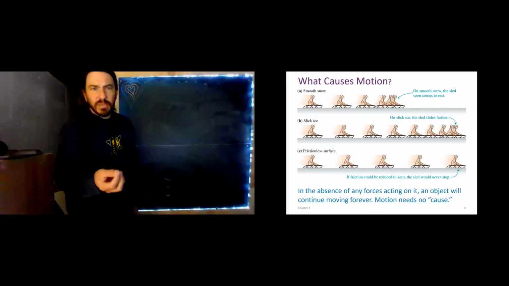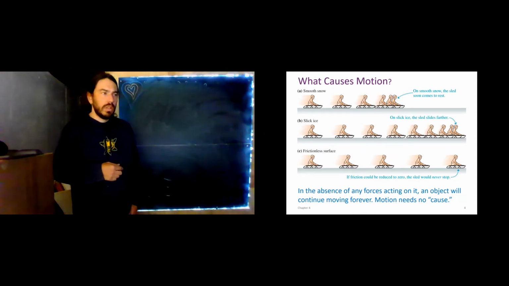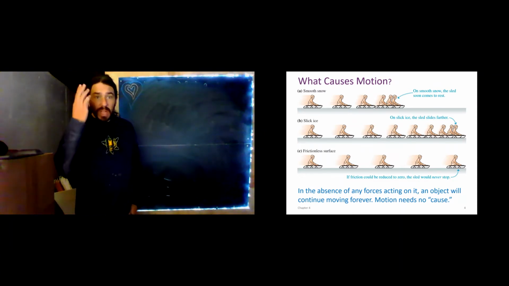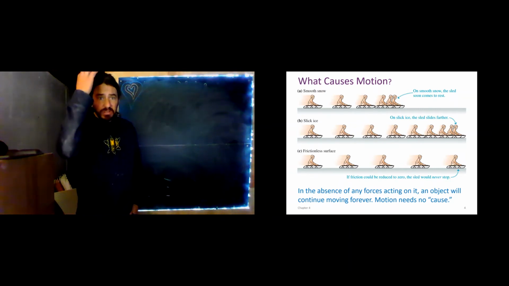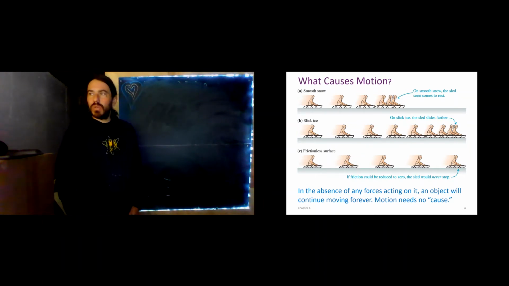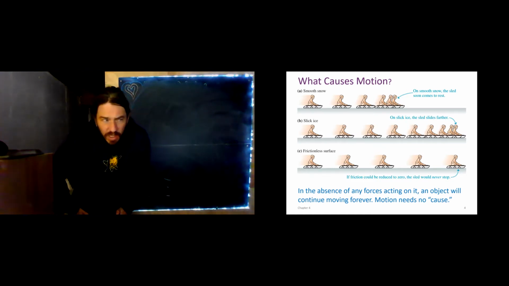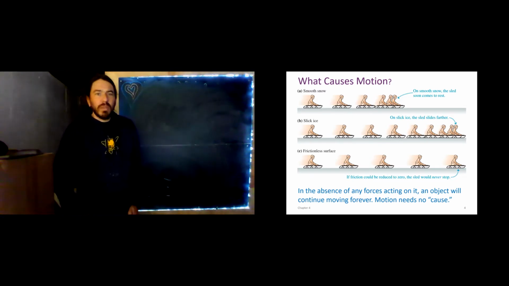So what causes motion? What causes something to move? It's a question that's perplexed thinkers for a long, long time, right? What causes things to move? Aristotle, who was one of the first folks to think about this, he was a Greek, in 200 BC or something like that, he says objects just want to come to rest, right?